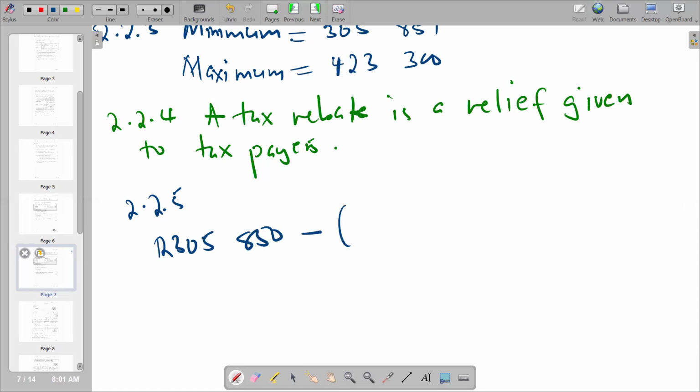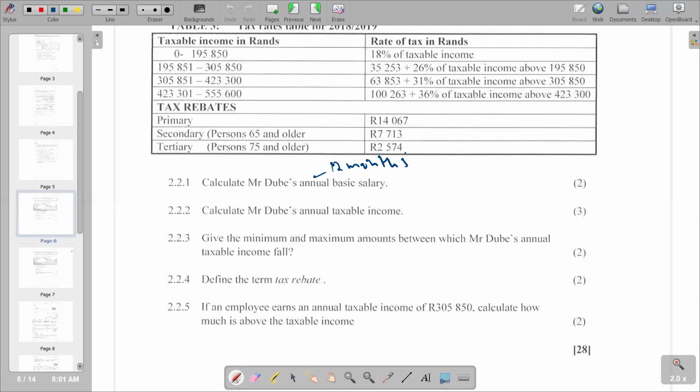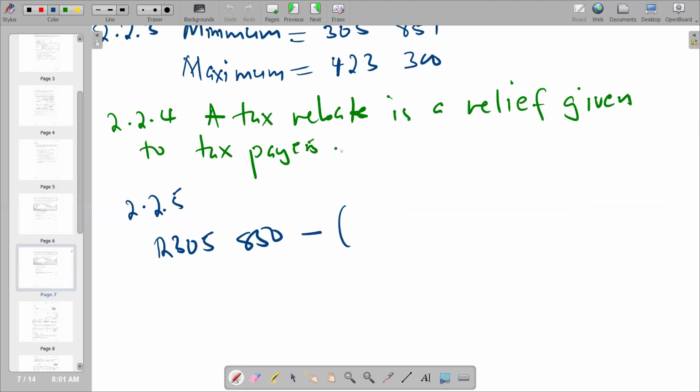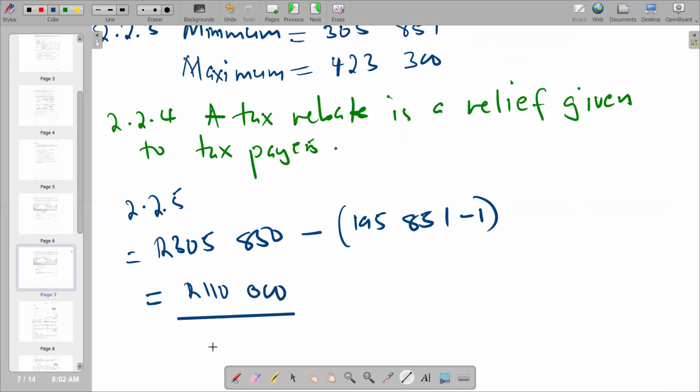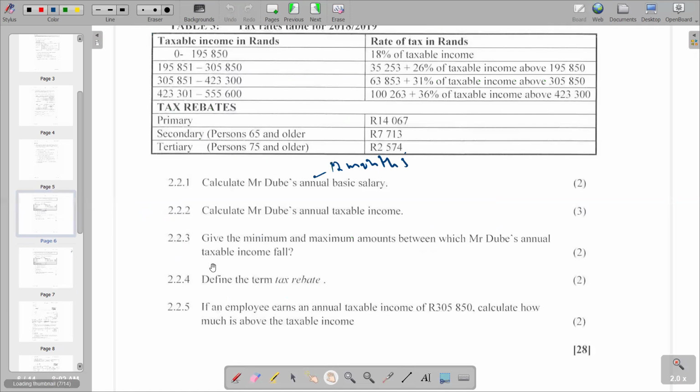Then we subtract the minimum in that band, which is 195,851 minus 1. Okay, and then we subtract 1 on the minimum, and then we calculate it like that. See that the answer that you are supposed to get becomes 110. So this becomes the calculation that way. Basically, this is the last question that we have in terms of our question 2.